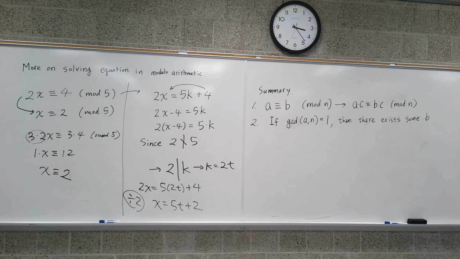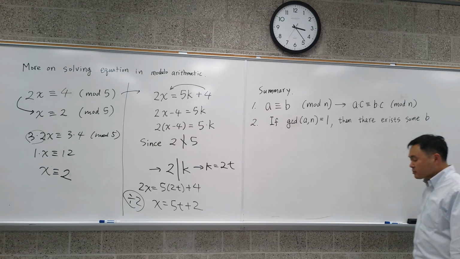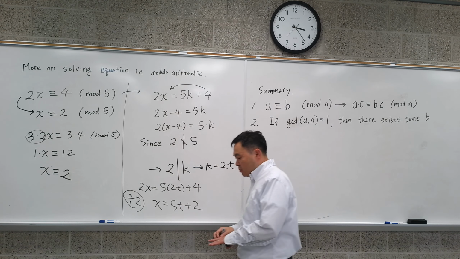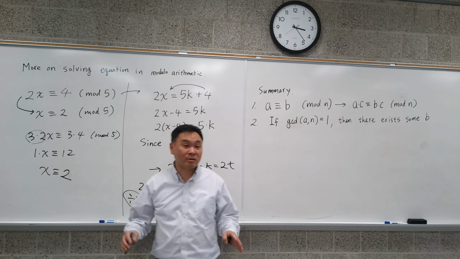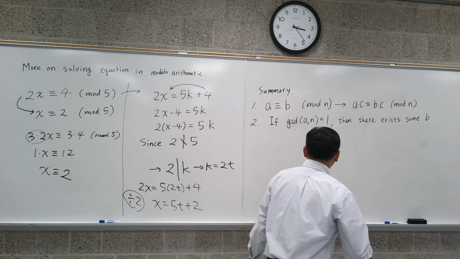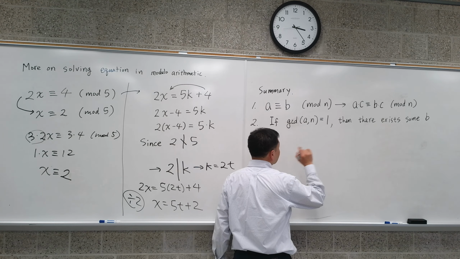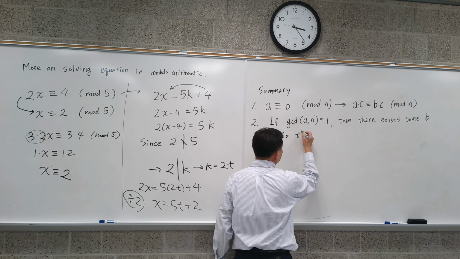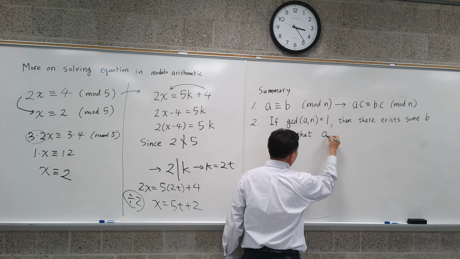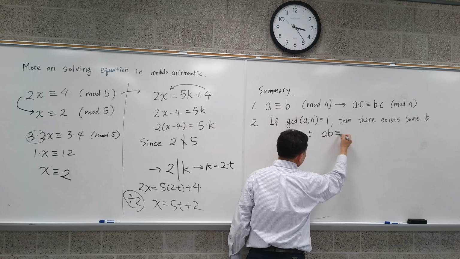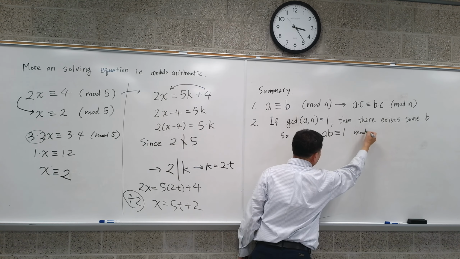You have to find it either by trial and error, or you have to use the Euler totient function or whatever, okay? So there exists some B so that A and B are inverses of each other in modulo n.